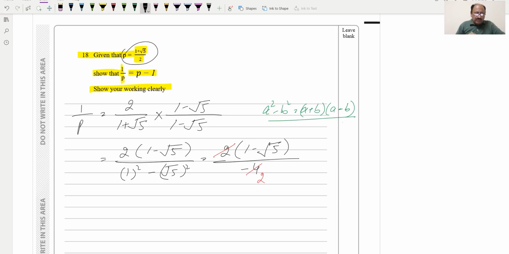So we can write 1 over p is equal to 1 minus root 5 over minus 2. Otherwise, we can take minus 1 common, and it will be root 5 minus 1, and the denominator will be minus 2.